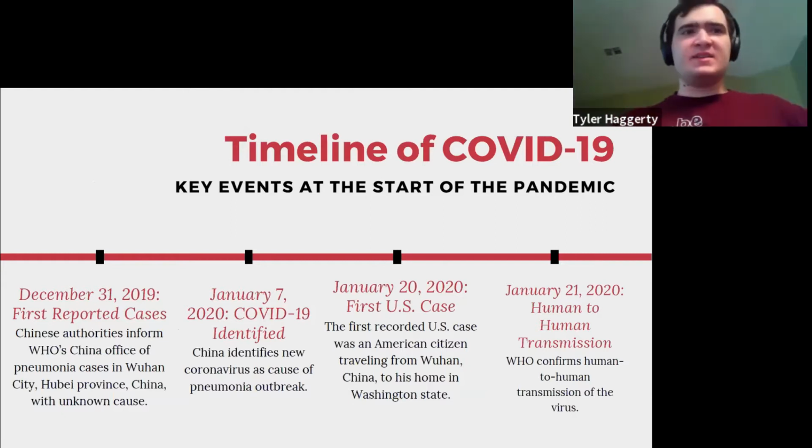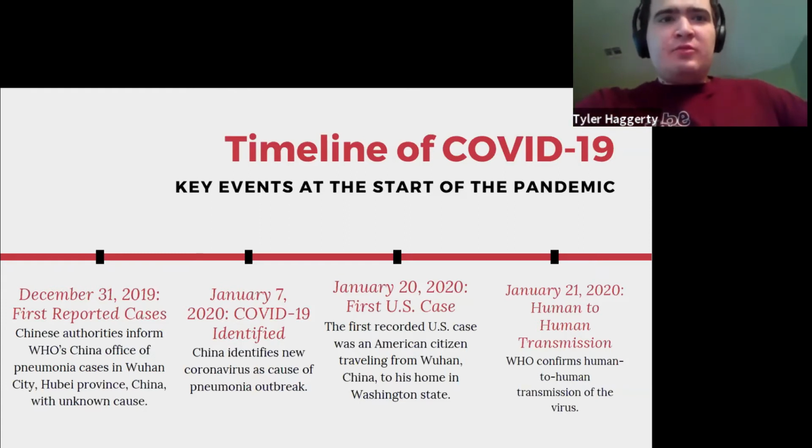Alrighty, so obviously we are in the middle of a pandemic, specifically the COVID-19 pandemic. So on this slide, we have a timeline of the pandemic and the key events at its beginning.